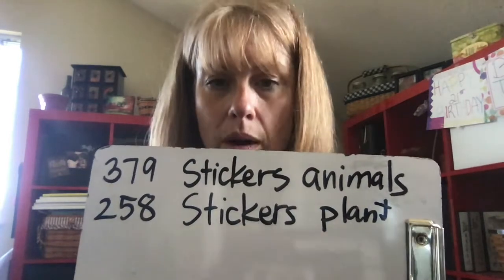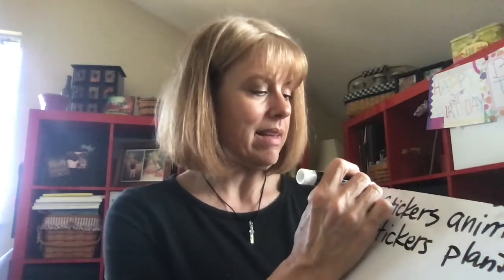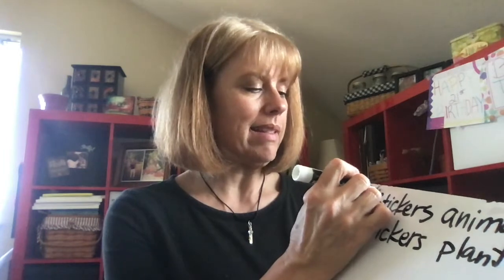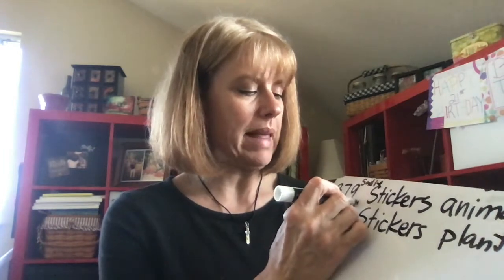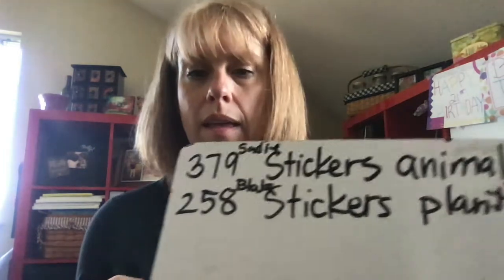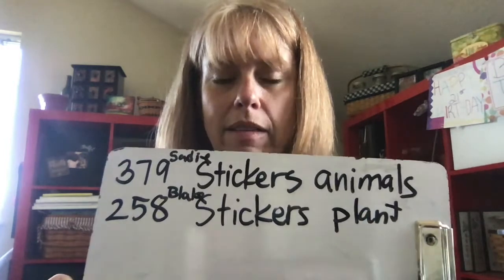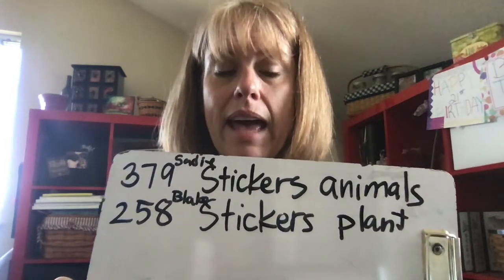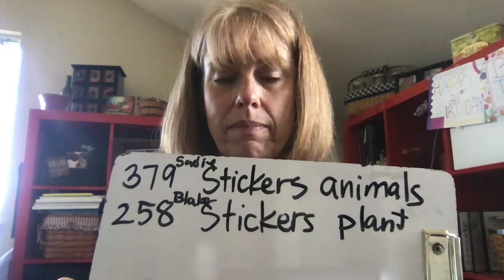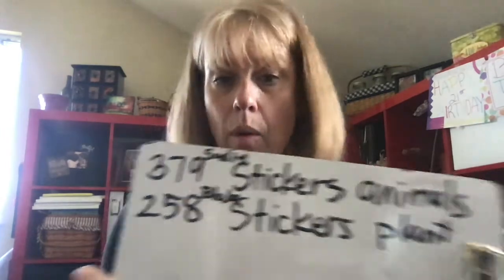Take a look. Who has more stickers? So this is Sadie. I'm going to write little bitty because I didn't leave myself a lot of room. And this is Blake. Okay, so Sadie, who has more stickers? Sadie has 379. Blake has 258. Sadie has more, right?